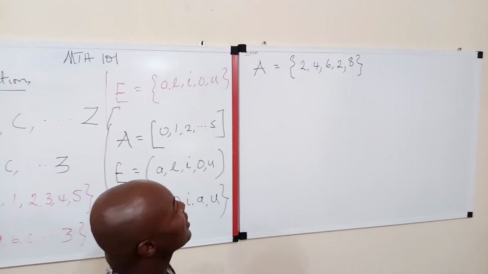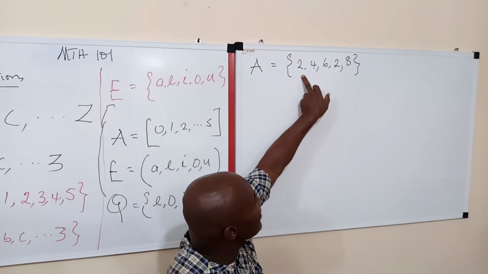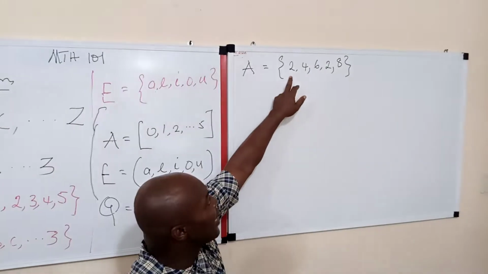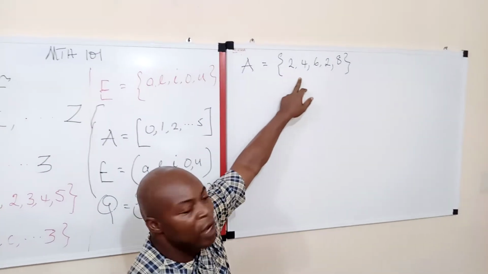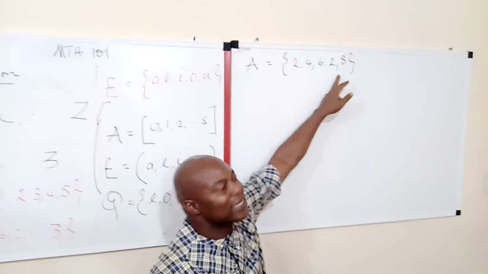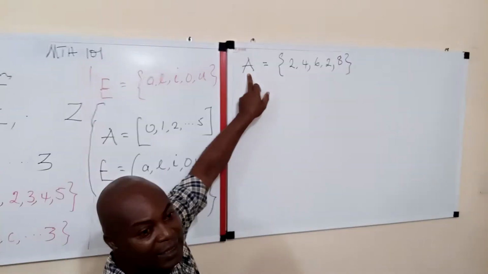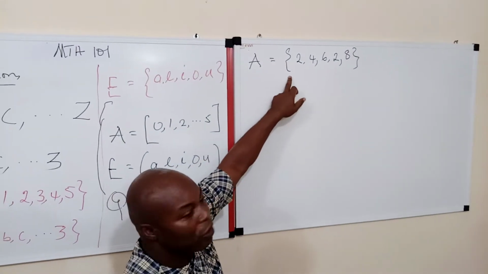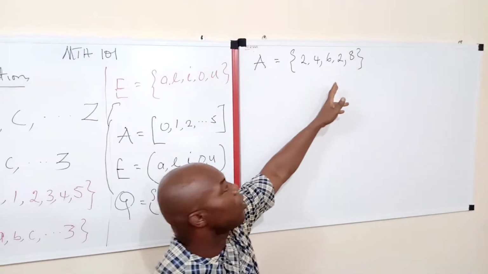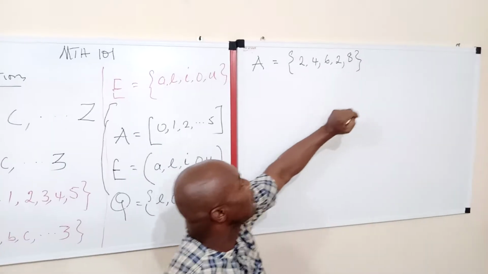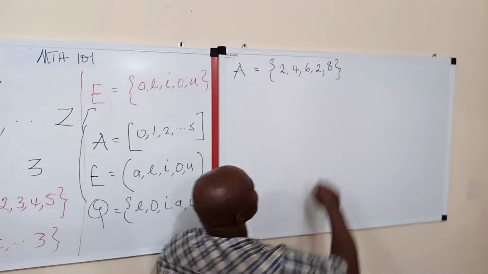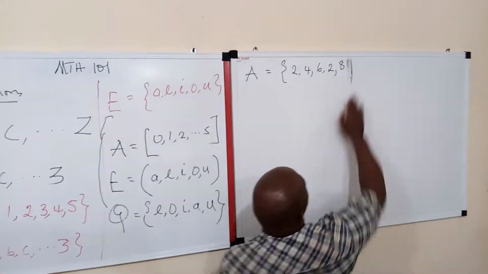Now you can see that this collection here is well defined, in the sense that they are even numbers less than or equal to 8. These are even numbers. But then you can see that 2 here is repeated.